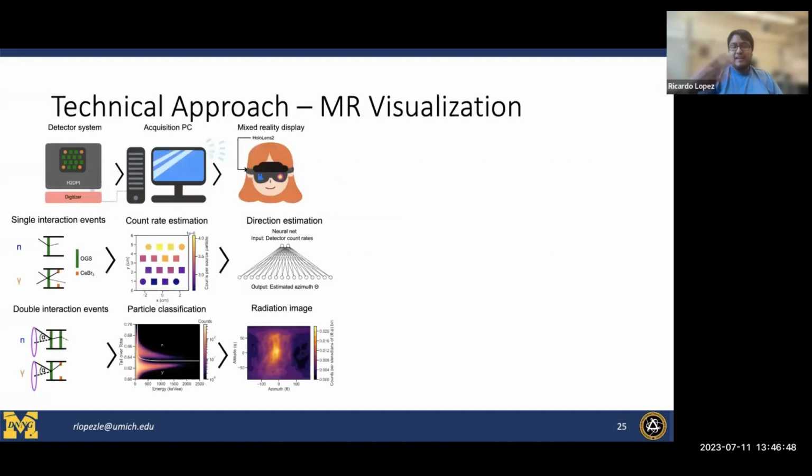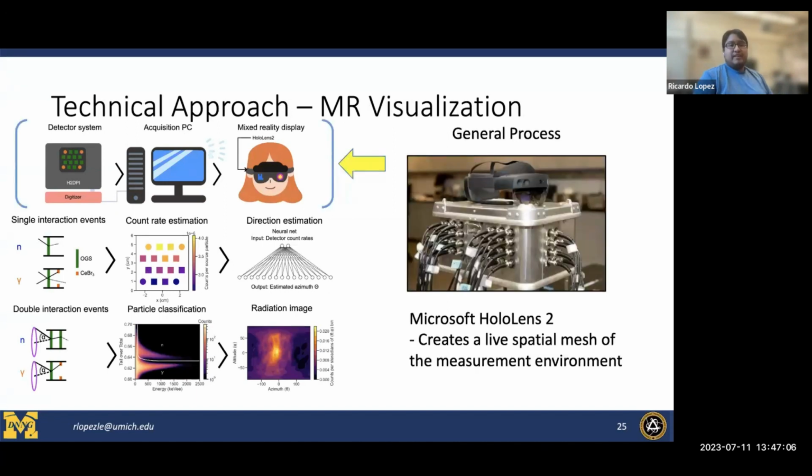But to continue on with the mixed reality approach, how do you take this data that you got from, in this case, the HTTPI, and convey that to a user in a very informative way? Well, what we were able to do last summer was make use of the Microsoft HoloLens 2 device.